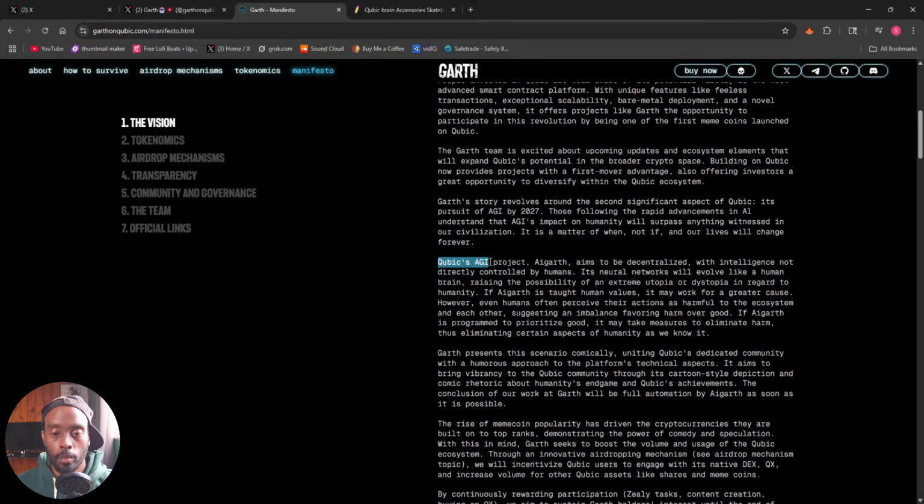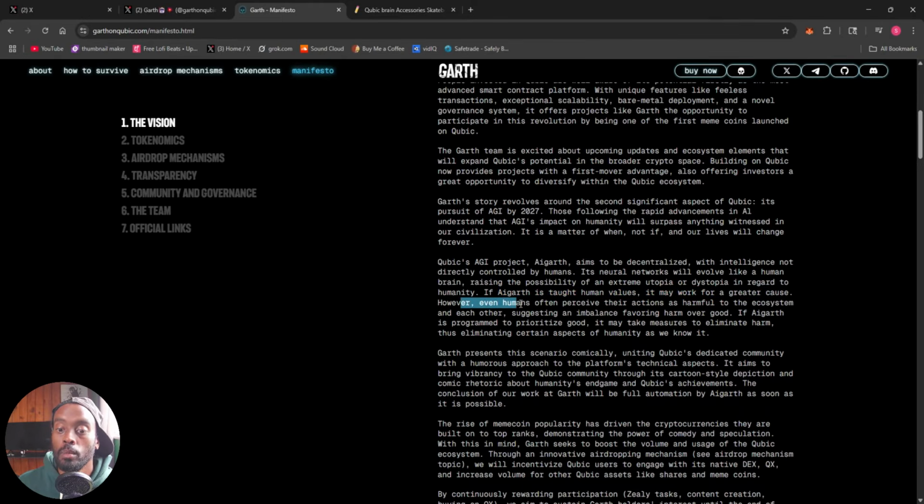So Qubic's AGI project, GARTH, aims to be decentralized with intelligence not directly controlled by humans. Its neural networks will evolve like a human brain, raising the possibility of an extreme utopia or dystopia in regard to humanity. If GARTH is taught human values, it may work for a greater cause.